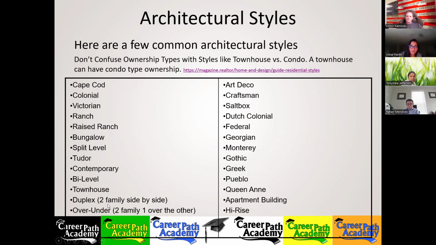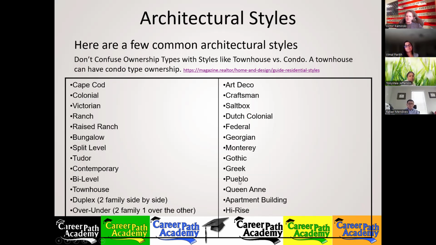You got a duplex, which is a 2-family house with 2 units side by side instead of over under, which brings us to the next 2-family house, which is an over under, where you have 1 unit above the other. So Craftsman, Saltbox, Dutch Colonial, Federal, Georgian, Monterey. These are all kinds of offshoots of that.